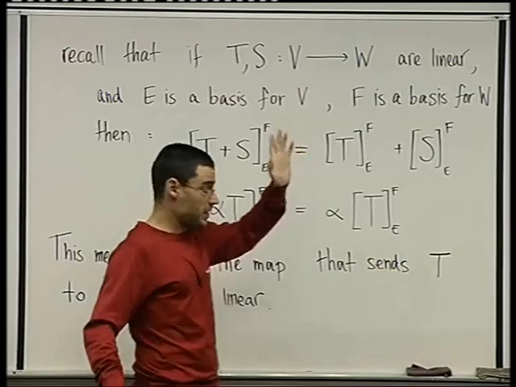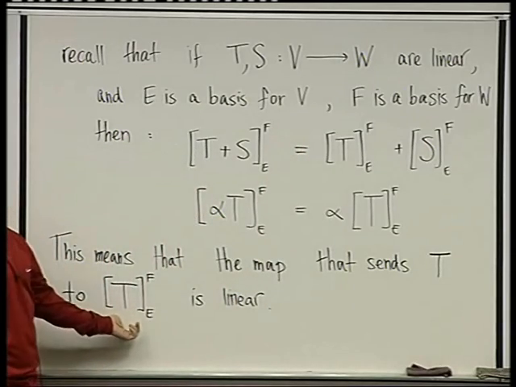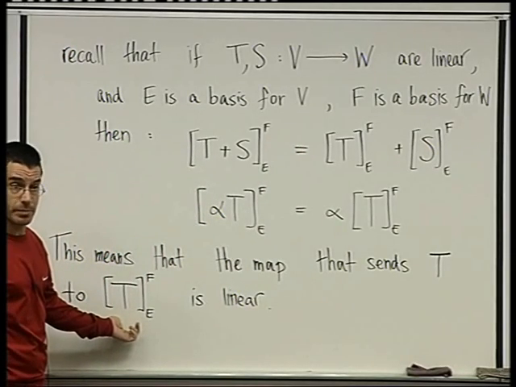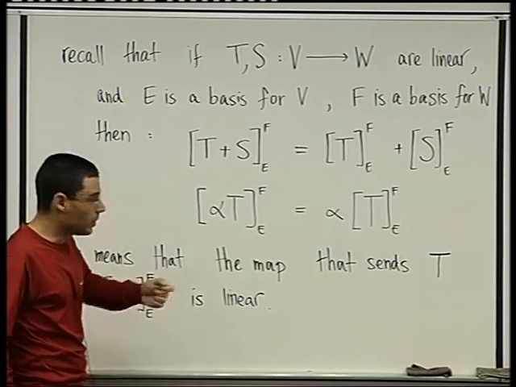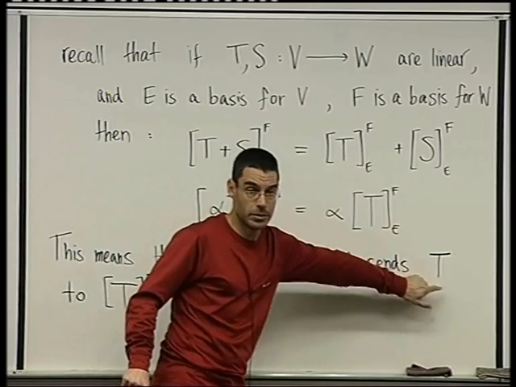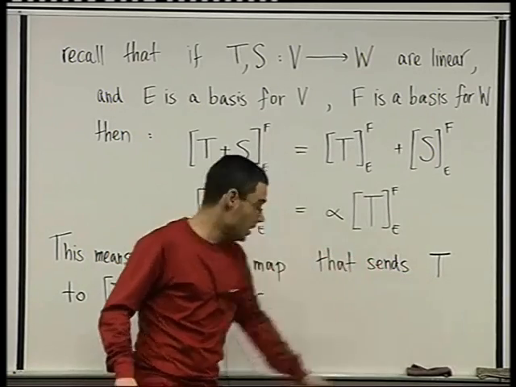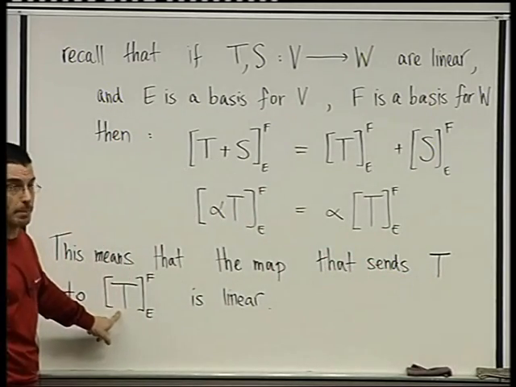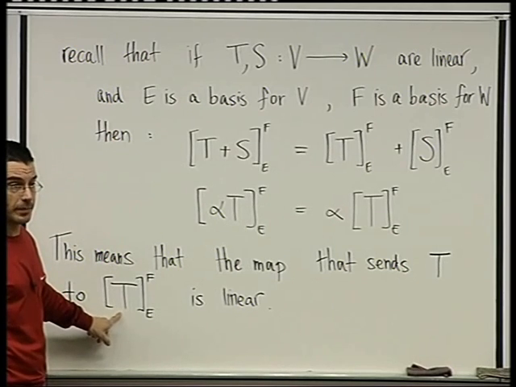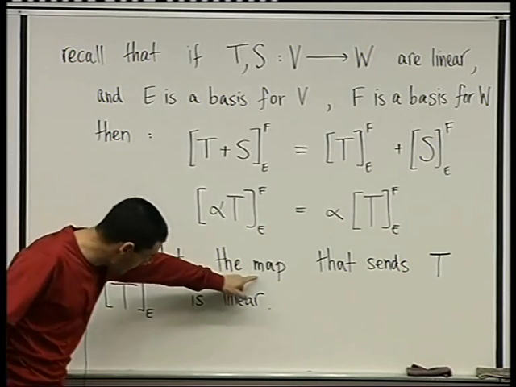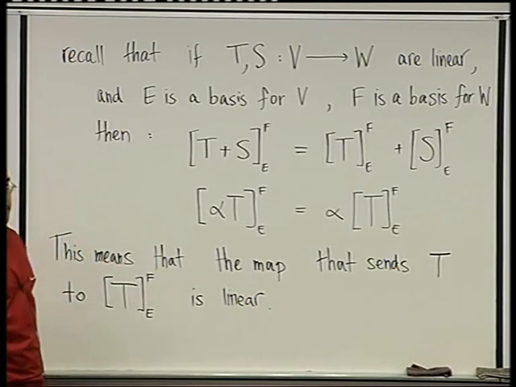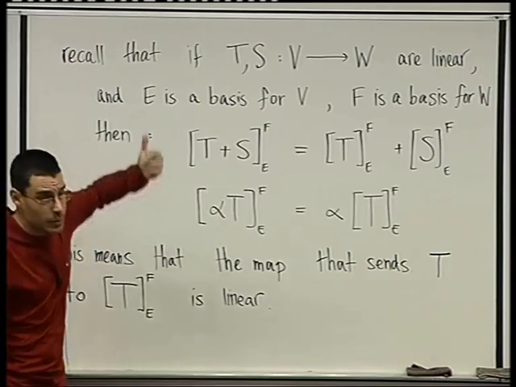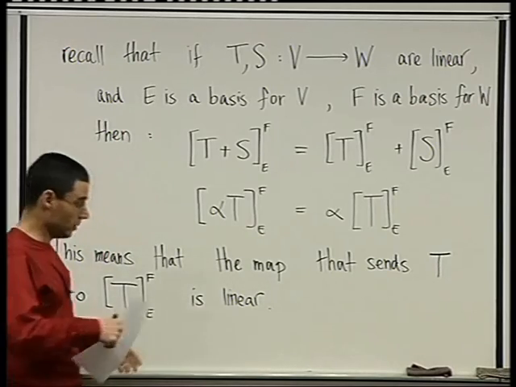We have another space of n by m matrices whose elements are matrices. And we have a map going from Hom(V,W), sending T's to matrices, to their matrix representation. The claim is that that map is itself a linear map. So again, we took one step up. Let's write that.